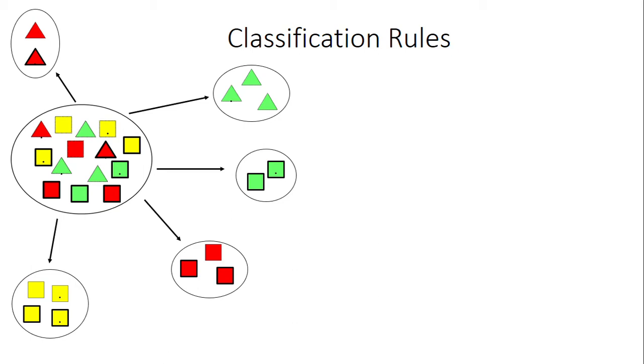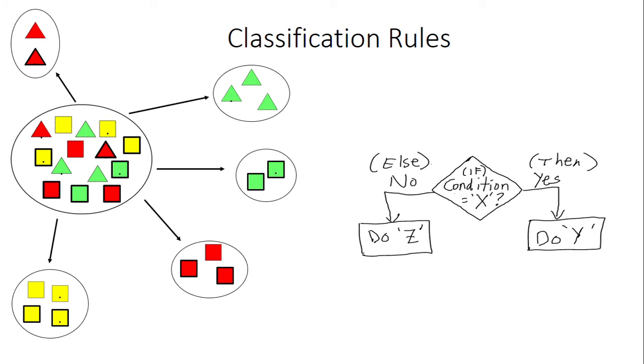Classification rules is one of the forms of classification that tells, in the form of rules, on which condition that object will go to one of those classes. So it forms a basic form of if-else condition in our programming languages.